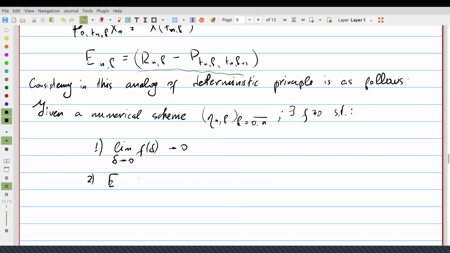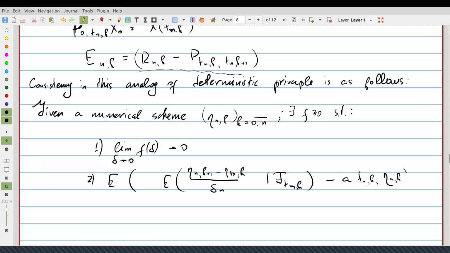Secondly, we have control in the square mean of the difference between the scheme and the conditional expectation. This is a full analog of the deterministic part, but in the deterministic part you don't get this conditional expectation, you don't get any expectations at all. Squared, it should be less than f of delta.